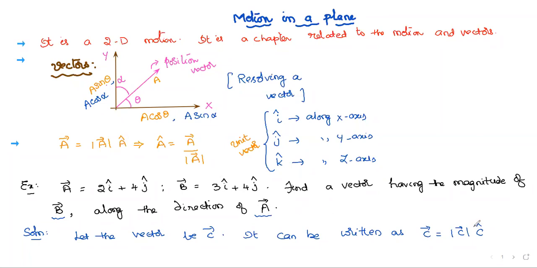So the direction of the vector, that is C cap, is equal to the direction of A cap. Why? Because it is along the direction of A bar. So along the direction of A bar, its direction is given by A cap. So the direction of the third vector C cap he gave is in the direction of A bar, so C cap equals A cap.